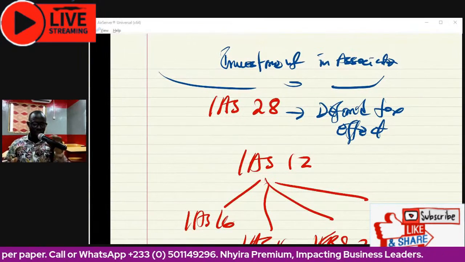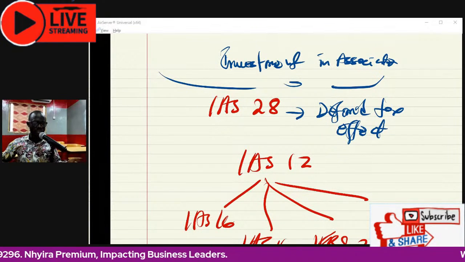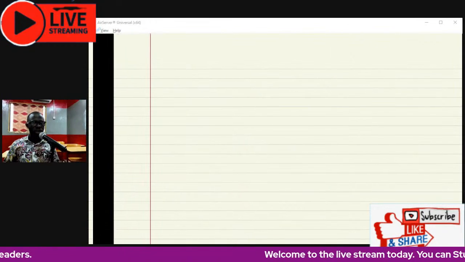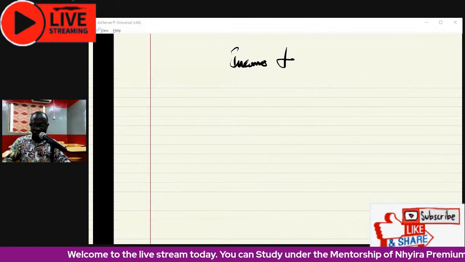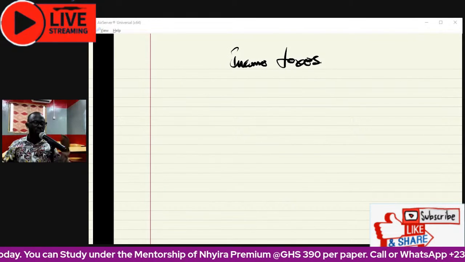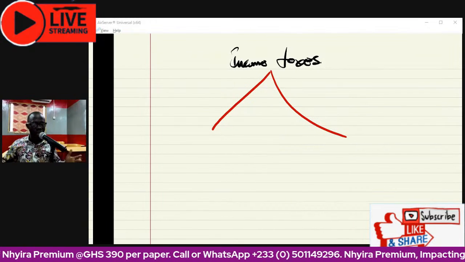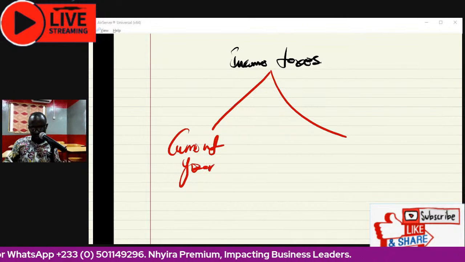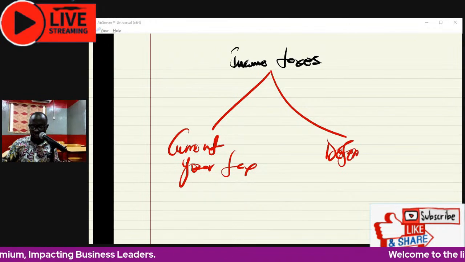So now that we've gotten the introduction out of the way, let's get excited to look at the specific issues that we need to look out for when dealing with income taxes. Two things must be in our mind as we are preparing the financial statements: how much income tax must be recognized in terms of the current year tax, and how much must be recognized in terms of deferred tax.